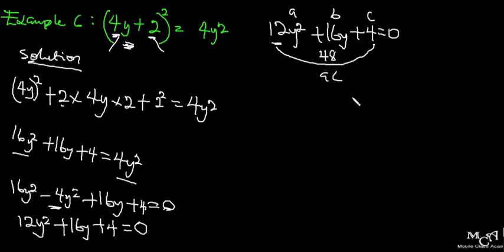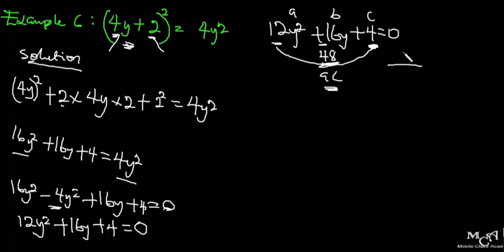So now we are looking for two values that when added are going to give us 16, and when multiplied are going to give us 48. So what are the two values? I said if the value of our a is 1, we just come to the C. Is that clear?